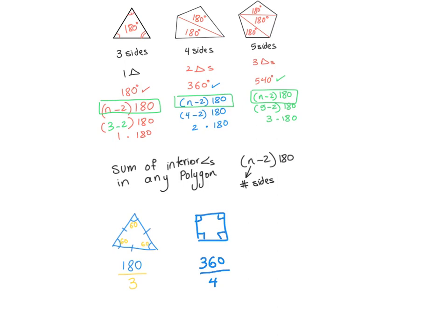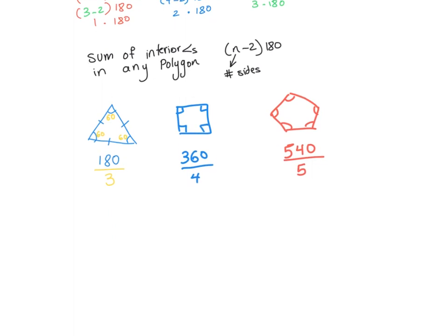And if I have a regular pentagon where all 5 sides are equal, I have to take the sum of all the interior angles and divide it by the number of sides. So that would give me 108 degrees. So that means each angle over here is equal to 108 degrees.